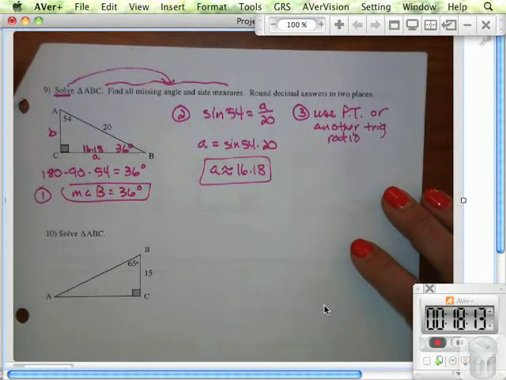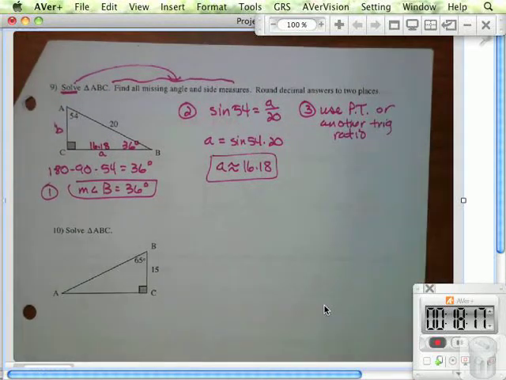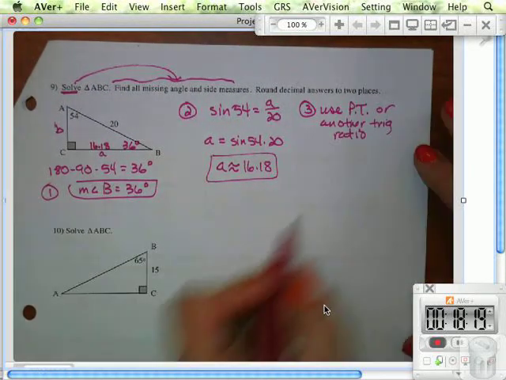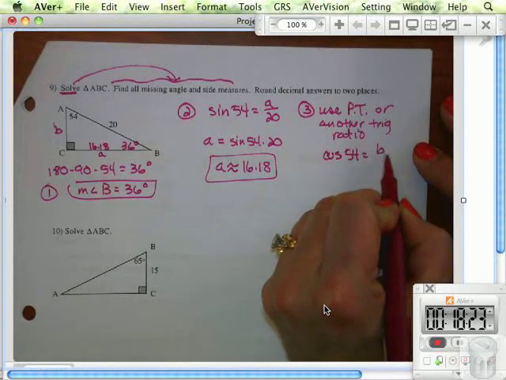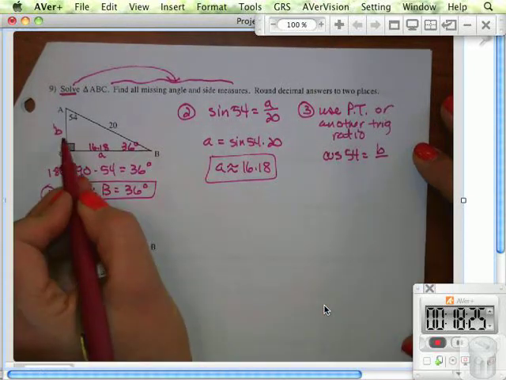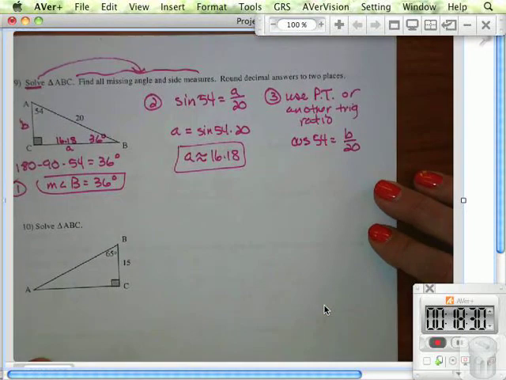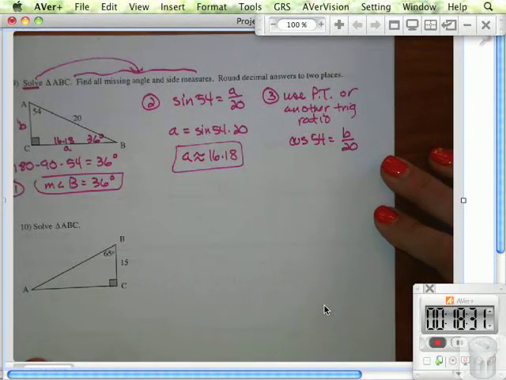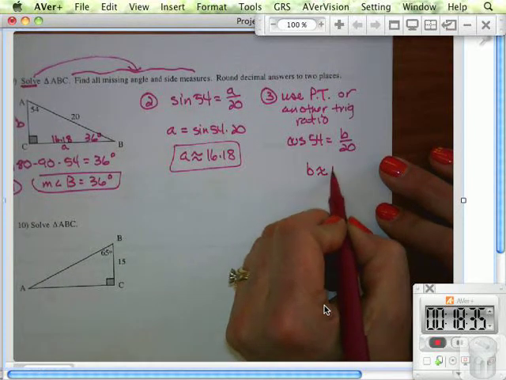I thought, well, why not go from the same angle and do the cosine? It doesn't matter. You could do a different angle if you wanted. Cosine of 54 equals b, the adjacent over the hypotenuse. Again, you're just multiplying the 2 together, and you should get approximately 11.76.